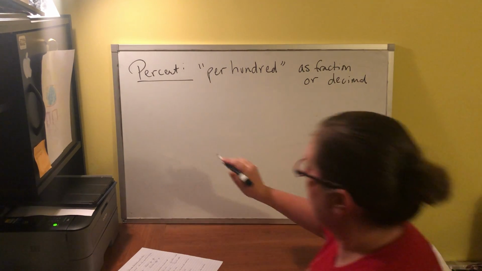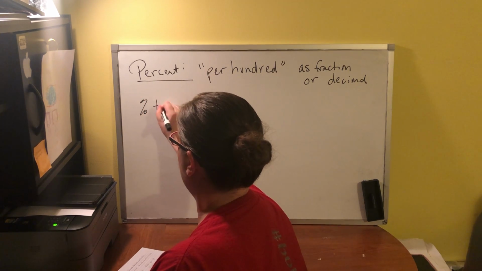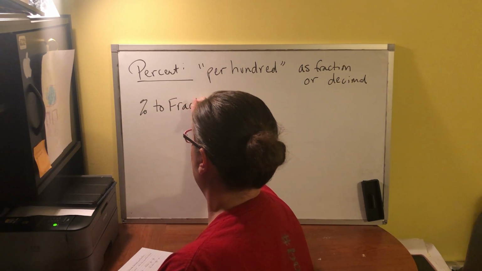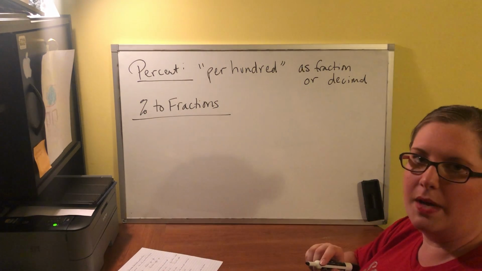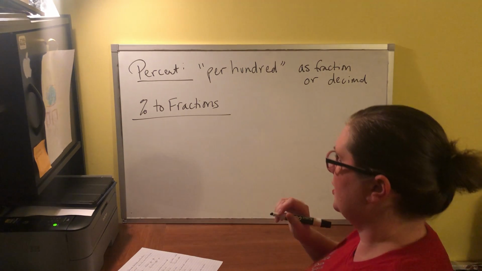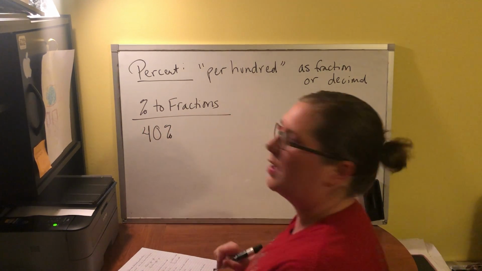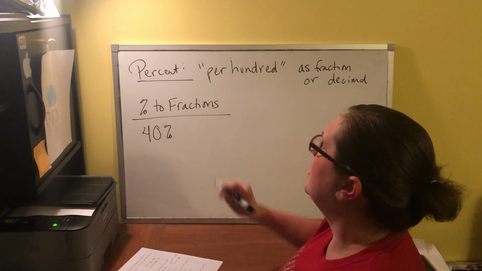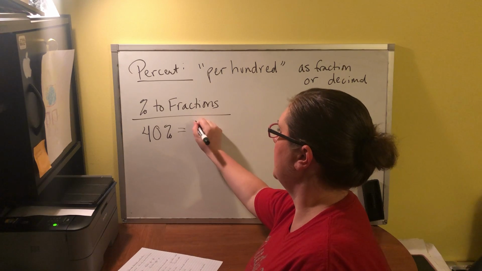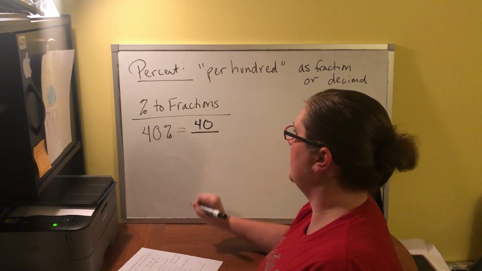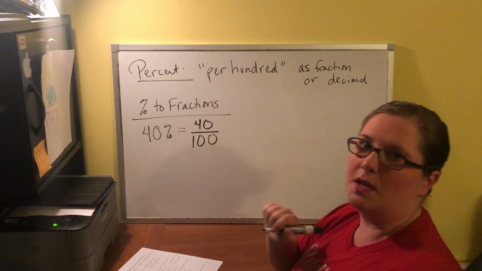So the very first thing that we want to cover is percents to fractions. Let's say they gave us 40%. Now, percentage means per 100, so we're going to take the 40, the 40 becomes the numerator, and it is going to be over 100, as percent means per 100.